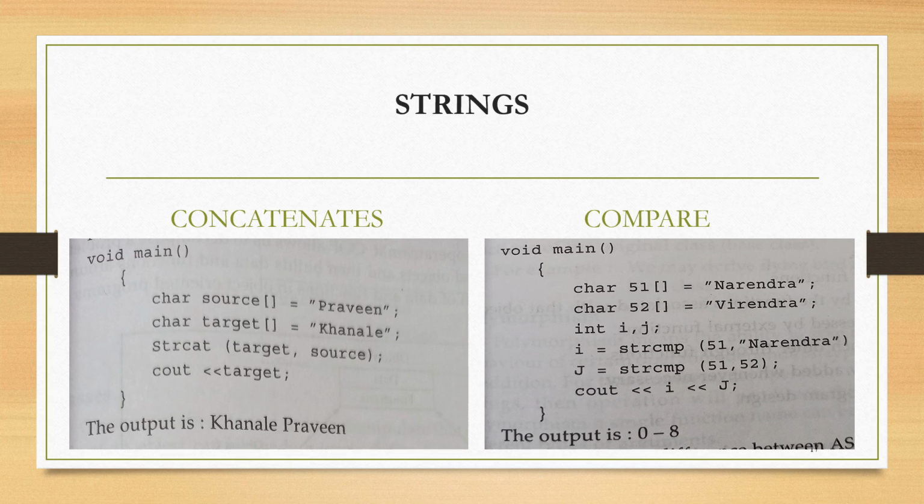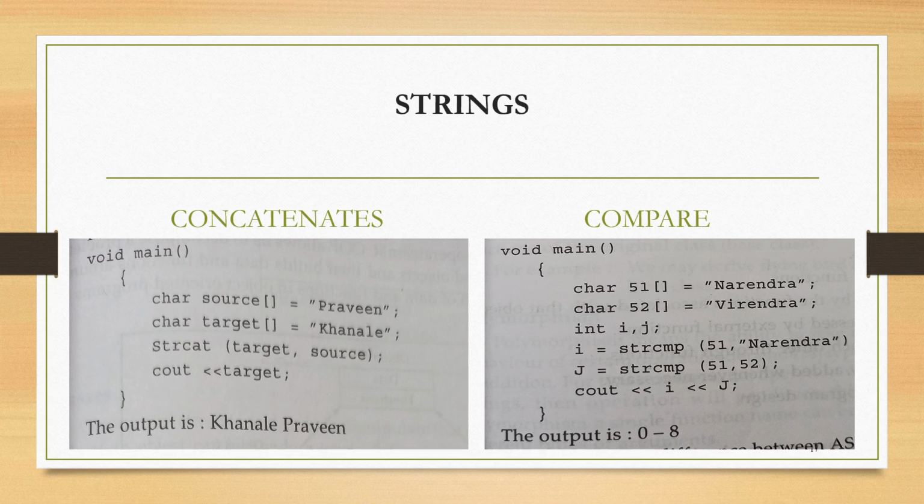Now we compare the value of S1, that array, with Narendra. It compares character by character. If it is exactly the same, the value becomes 0.